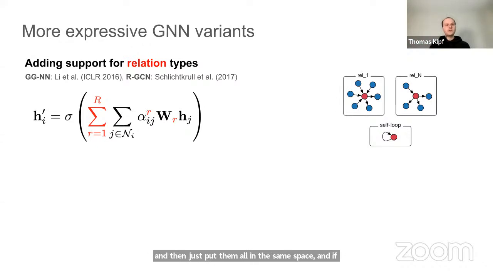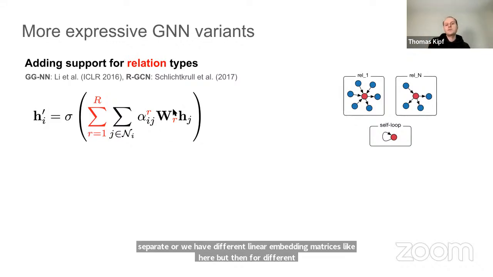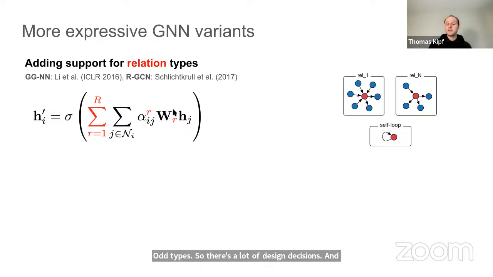And if they're really in different spaces and you cannot embed them in the same space, one good solution is to make a bigger vector where only the first part is reserved for the image embedding and the second part for the text embedding, and just keep them separate. Or you have different linear embedding matrices, as here, but for different node types. So there are a lot of design decisions, and people have looked into various options, but there are solutions.